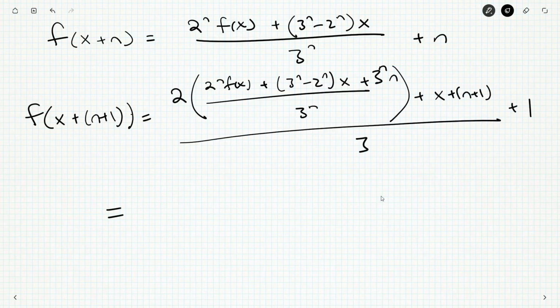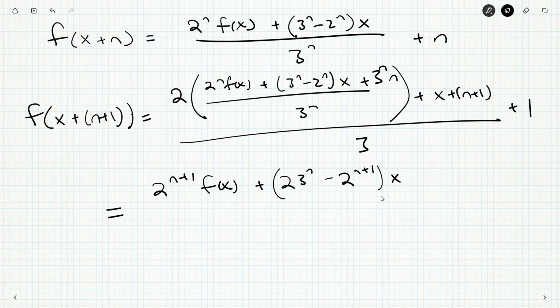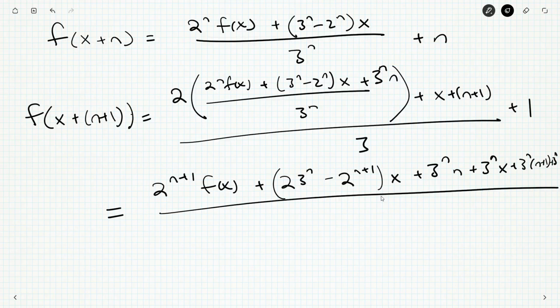So now the 2 will come in, it'll be 2 to the n plus 1 f of x, plus 2 times 3 to the n, minus 2 to the n plus 1 times x, plus 3 to the n times n, plus, now I want to bring this in, so we'll do 3 to the n x, plus 3 to the n times n plus 1, plus 3 to the n, all over 3 to the n, and then divide that by 3, so 3 to the n plus 1. And we'll clean that up, 2 to the n plus 1 f of x.